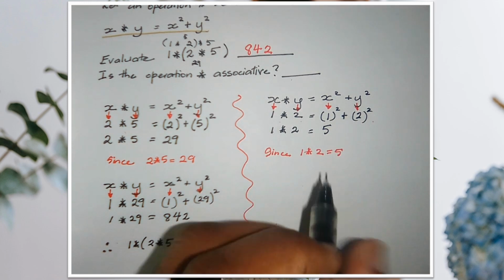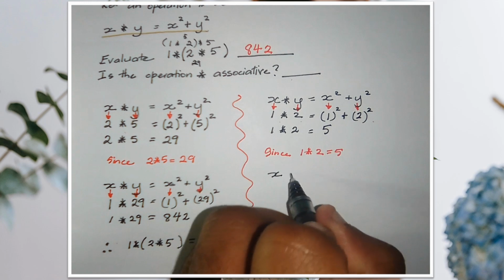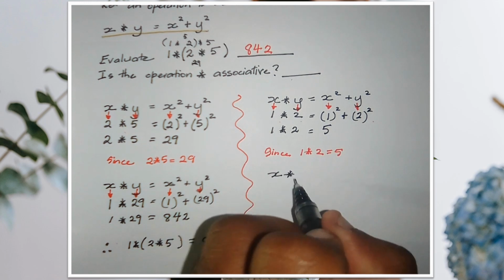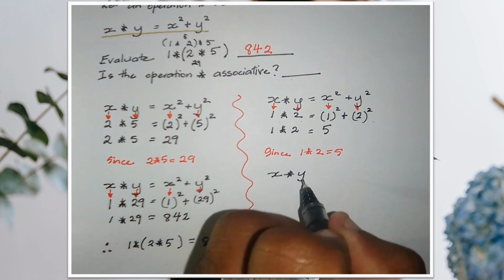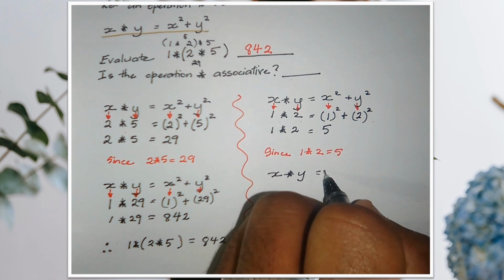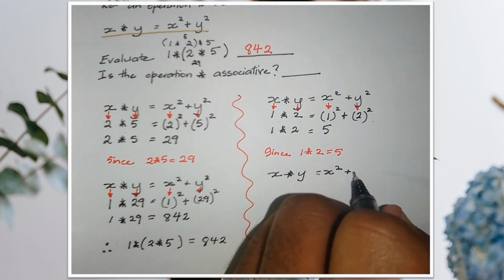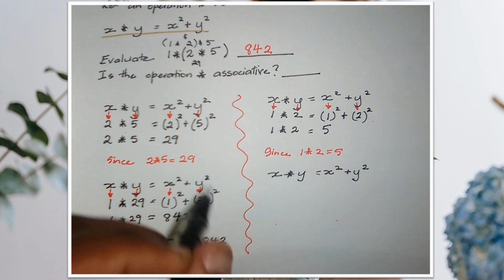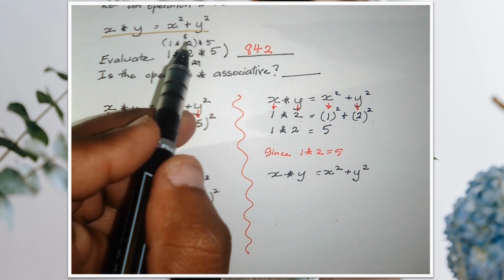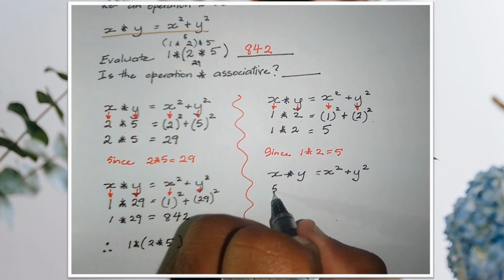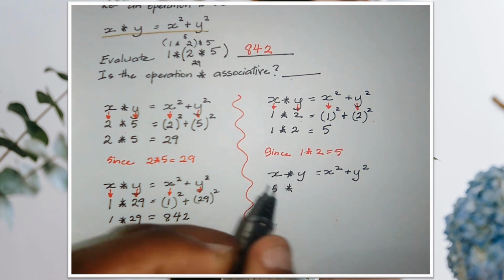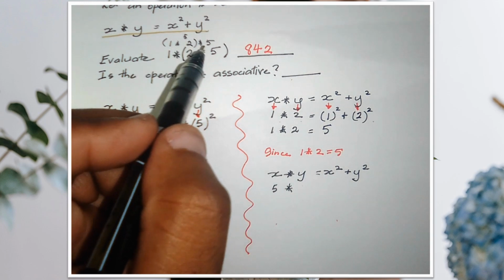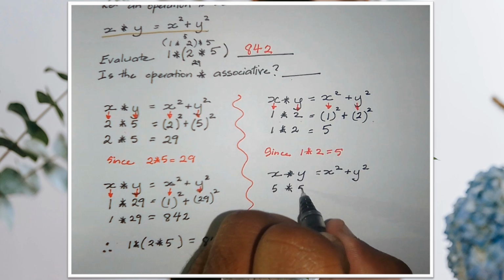So we're going to continue by starting off with the original binary operation. x star y is equal to x squared plus y squared. And look, 5 came first, so we're going to put the 5 before the star, and then there was a 5 after the star, so we're going to put the 5 after the star.